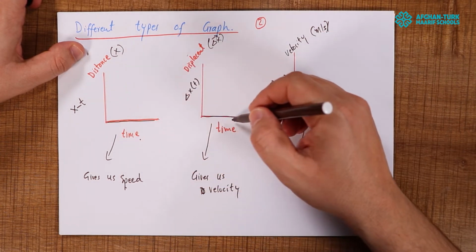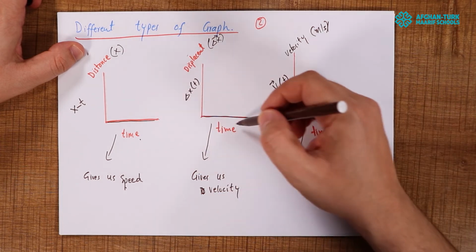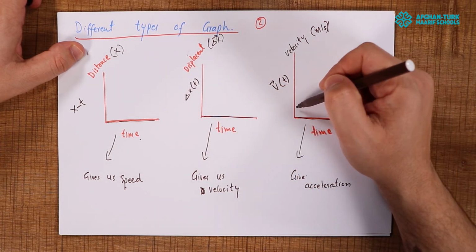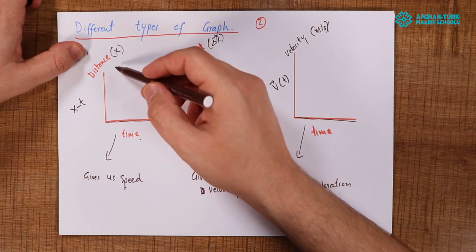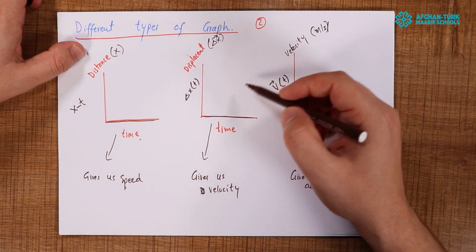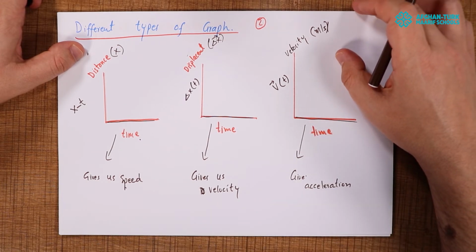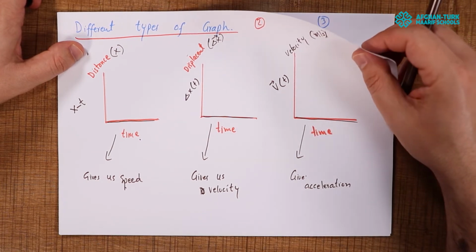Like here, on every motion graph, there is time on the horizontal side, and on the vertical side there are different things like distance, displacement, velocity, acceleration, and so on.